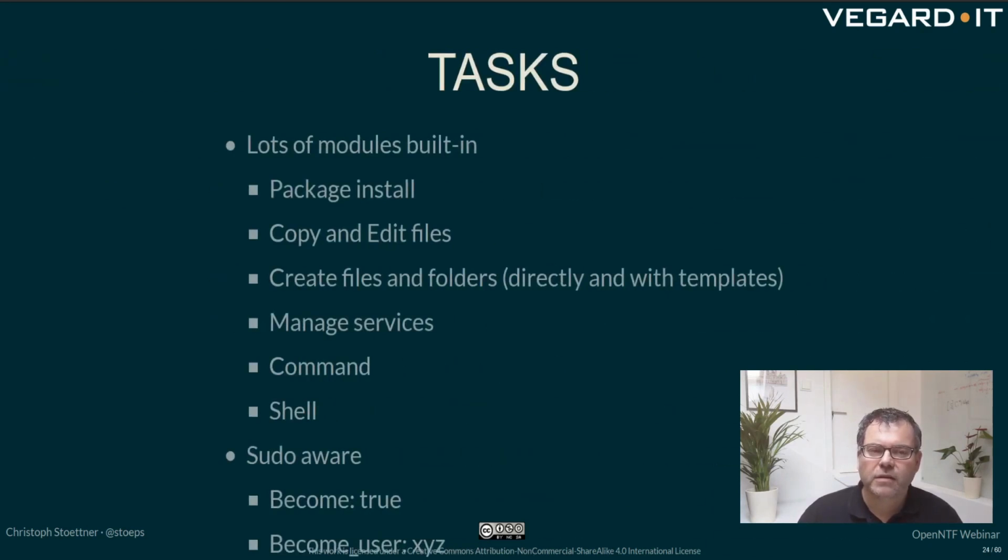So you can install a package with the package manager, you can copy and edit files, you can create files and folders with special access rights, you can manage services like putting the SSH service on automatic start when you boot a server. You can run a shell command or CLI shell command.